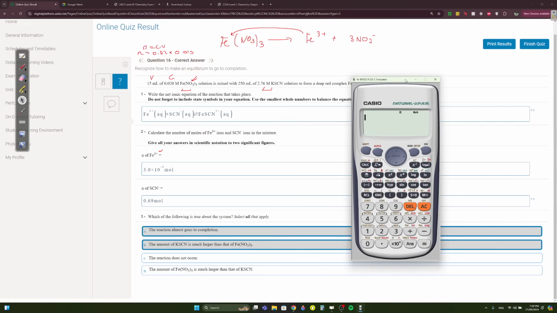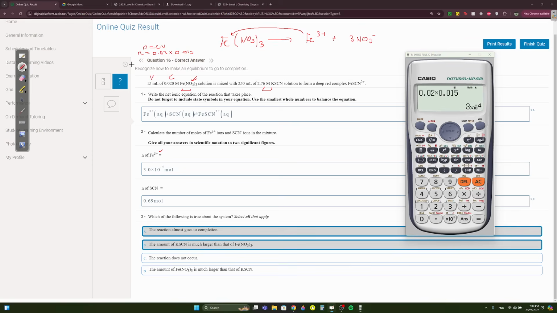You get 0.02 times 0.015, you get 3 times 10 to the minus 4. Since it's the same coefficient, you're going to get the same moles. So 3 times 10 to the power of minus 4 mole.